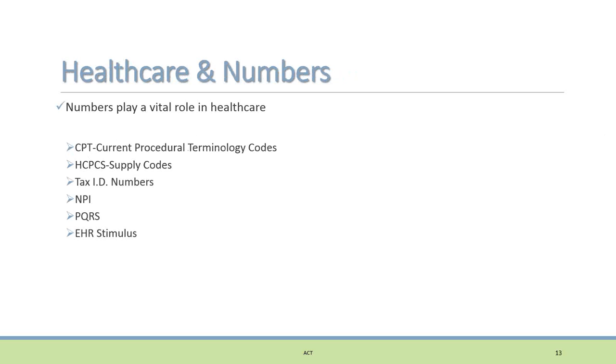We are becoming a healthcare system of numbers, and they play a vital role in healthcare. First of all, we have our CPT, our current procedural terminology codes. That's our new patient exams like 99201, 99202. That's our manipulation codes, 98940, 98941. HCPCS supplier codes, our tax ID numbers, the NPI, PQRS, EHR stimulus.